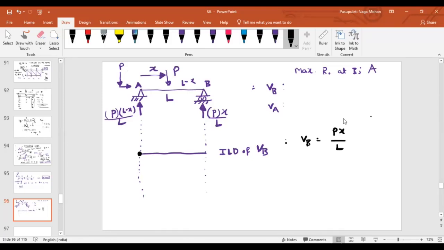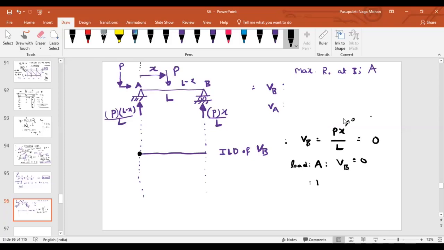If my load is at A, somewhere here, what is the X value then? 0. Now see, if I put X equal to 0, how much will I get? 0. So if my load is at A, what is the reaction VB? It is equal to 0.